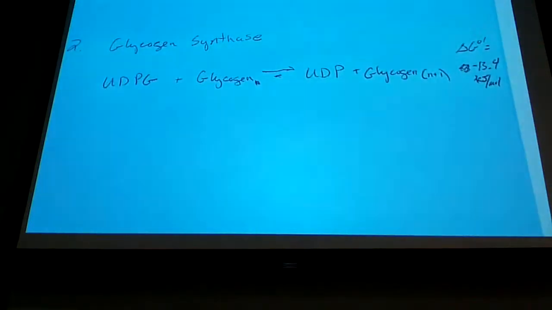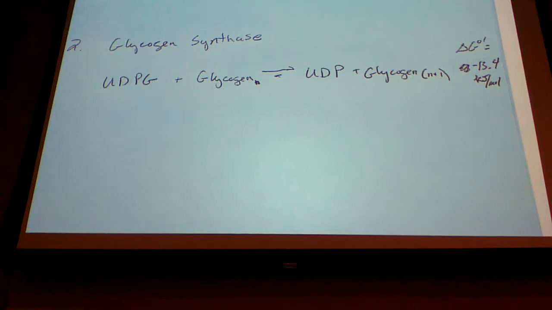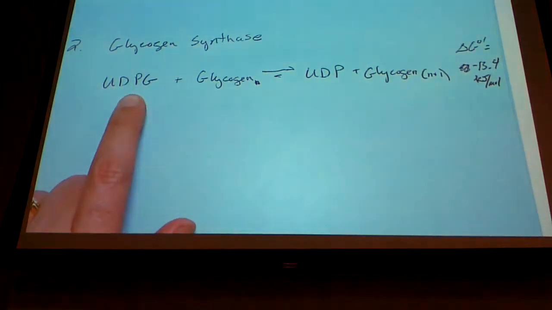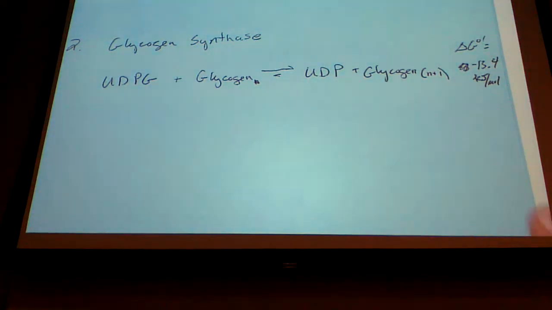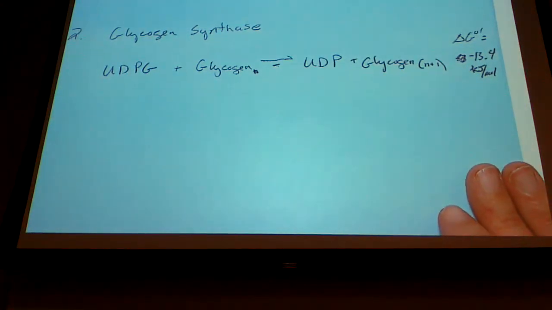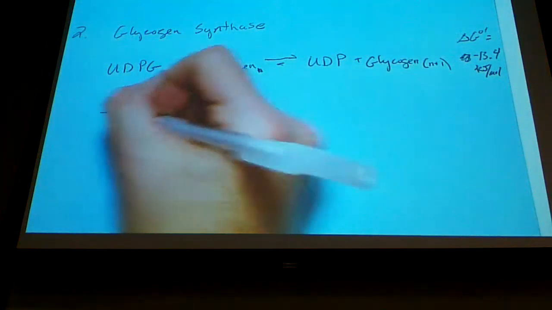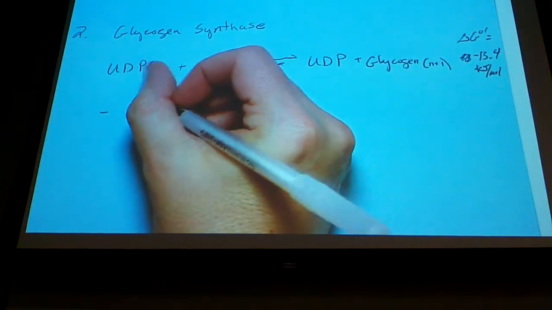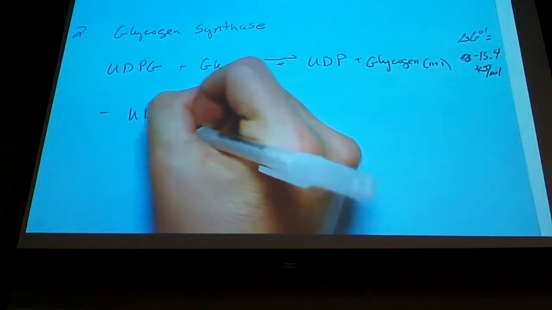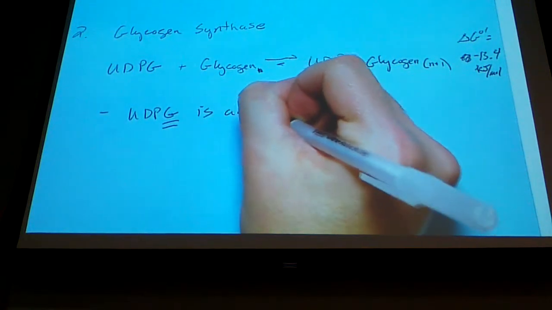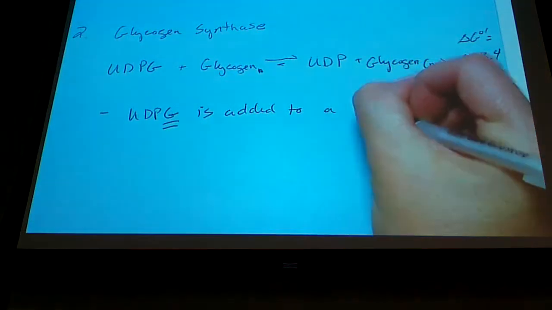So by making this kind of high energy intermediate, this UDP glucose, that makes the transfer of the glucose to the end of your molecule easier because we're going to break down the high energy compound. So UDPG is added to a non-reducing end.